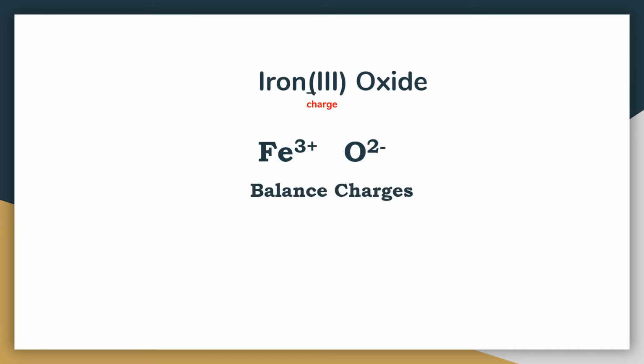Balancing out these charges, we place a 2 subscript for our iron and a 3 subscript for the oxygen. We know we have these 6's canceling out, which is what we wanted, and your final compound is Fe2O3.